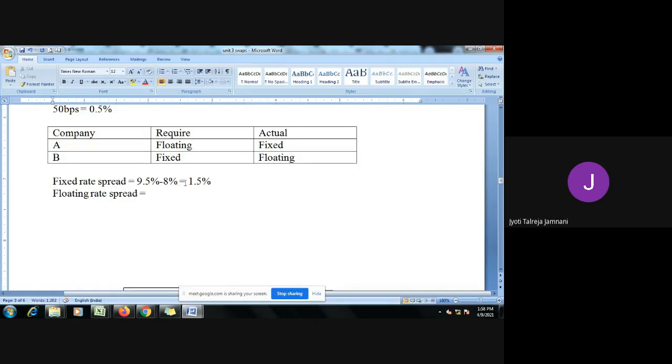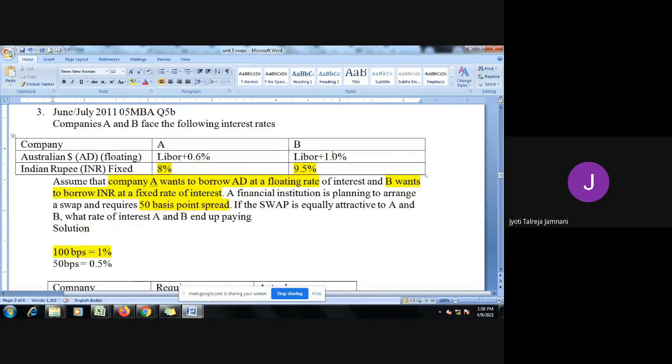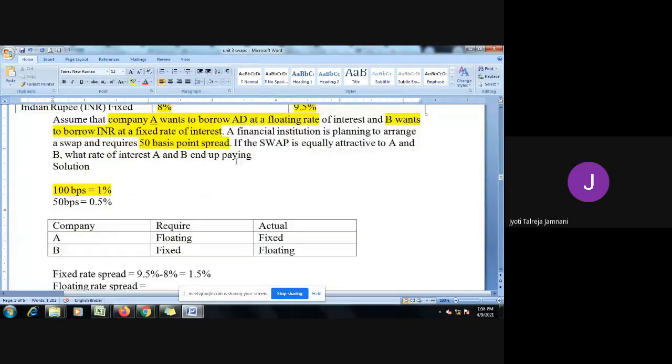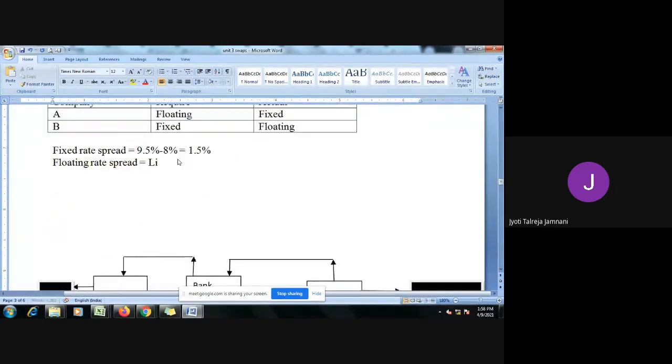Floating rate spread is equal to LIBOR plus 1 and LIBOR plus 0.6. So we will do LIBOR plus 1% minus LIBOR plus 0.6%. So 1 minus 0.6, you get 0.4. So this is the spread, fixed rate and floating rate.